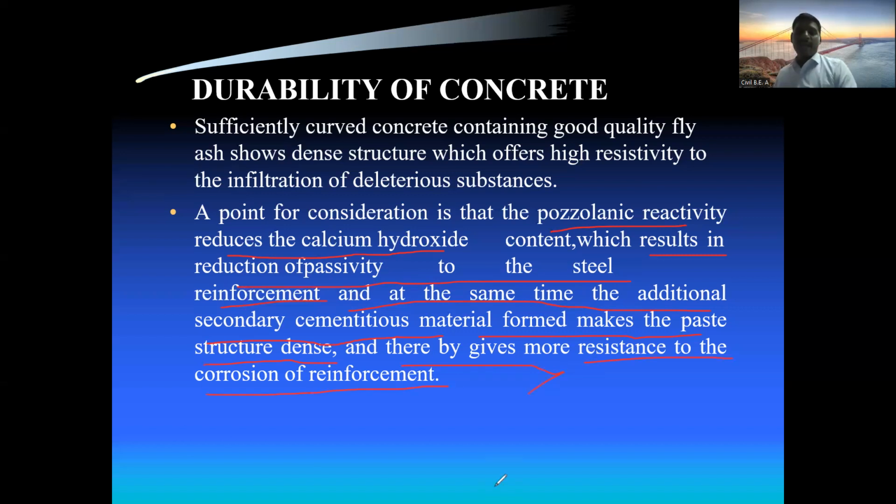So if we can reduce the calcium hydroxide through the pozzolanic reactivity, that particular concrete will give more resistance to the corrosion of the steel, because steel is inside the concrete.